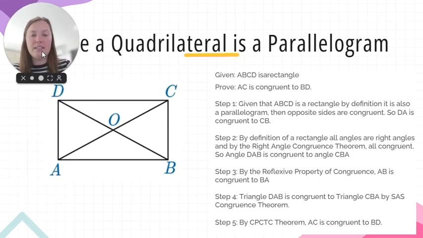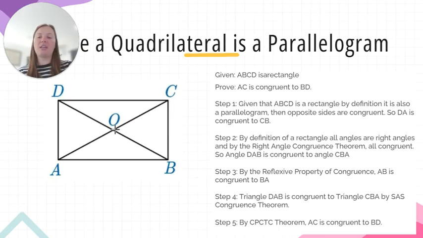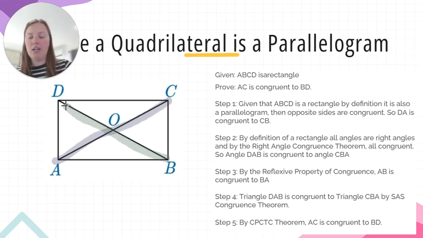So we've got over here our rectangle, and we are working with A, B, C, D. Once again, where our diagonals cross is at point O. We are told that ABCD is a rectangle, and we're trying to prove that AC is going to be congruent to BD. So we're trying to show that these two diagonals are congruent to each other.